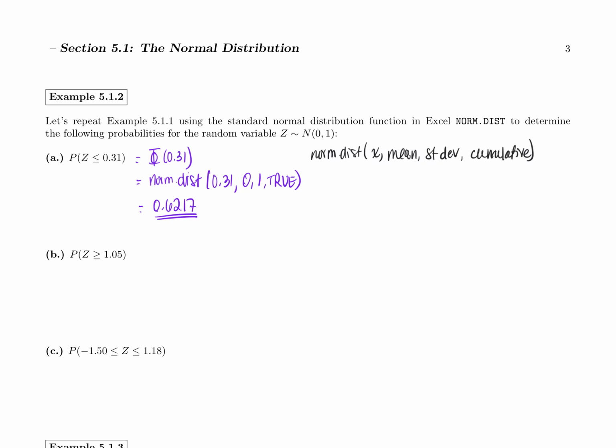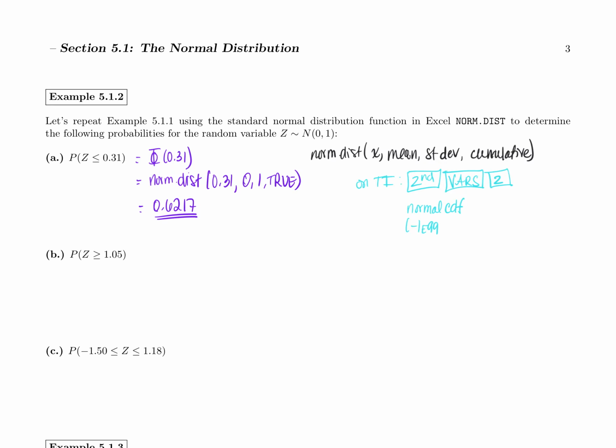The answer is absolutely. On a TI, you can press second, vars, and then choose number 2. That's going to bring up normal CDF, which is what we want. Our options here would be that it goes from, and they don't really have a way to write negative infinity, so they just use -1 times 10 to the 99.